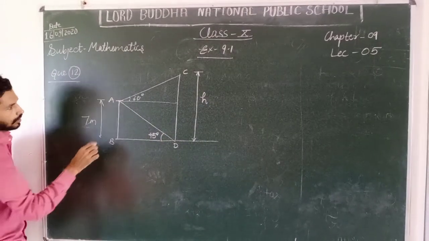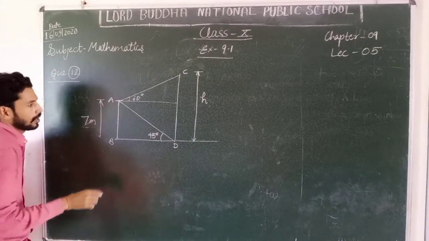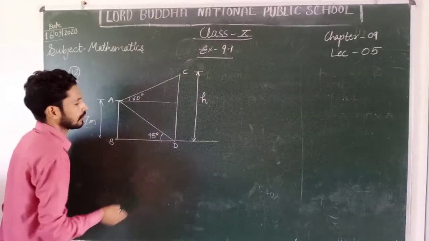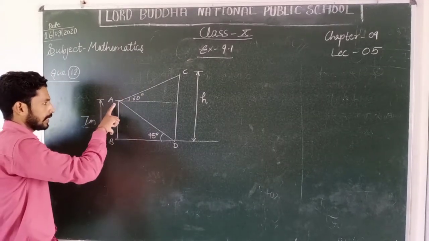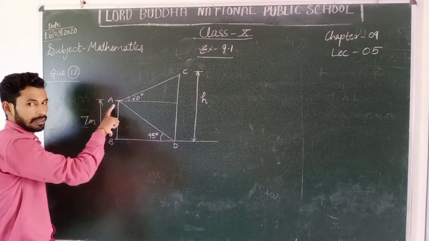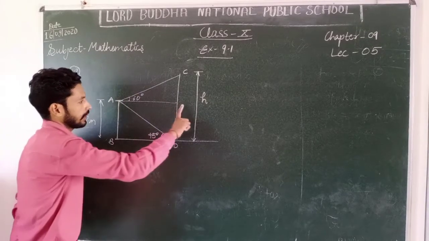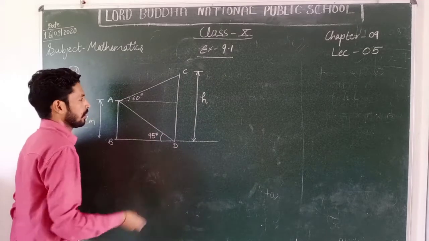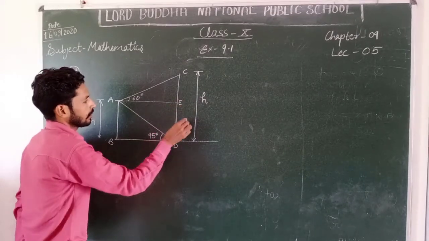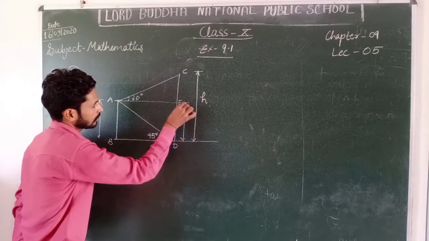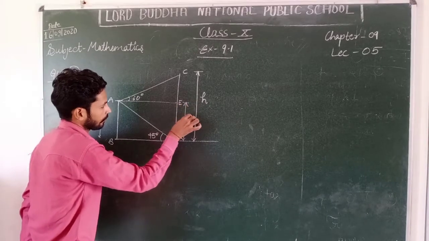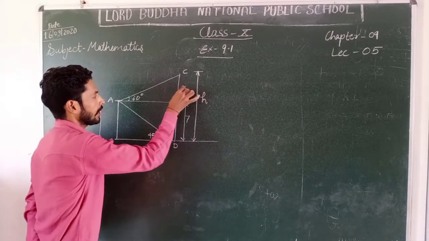Now, the height of the building is 7, so this will also be 7. So right here is the point E, and this value will be 7. Okay, and suppose this point is x.